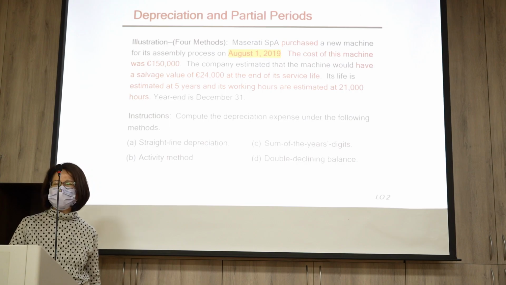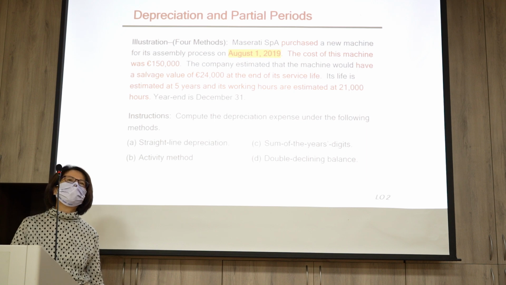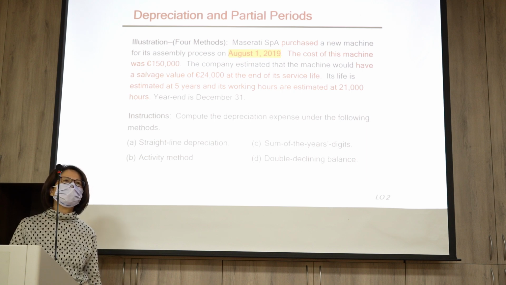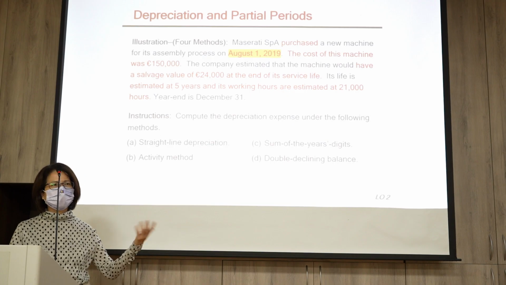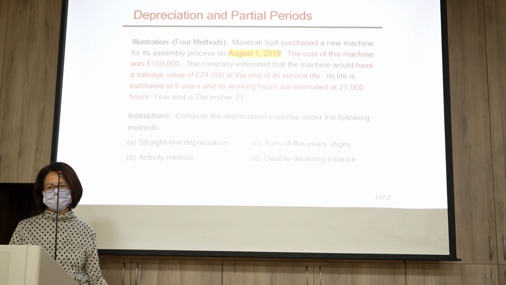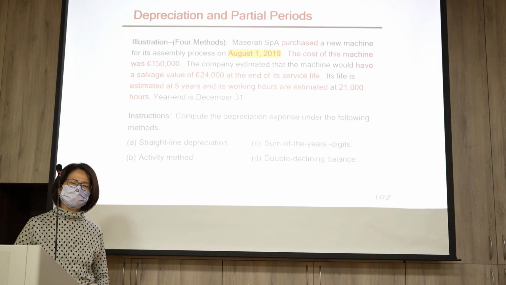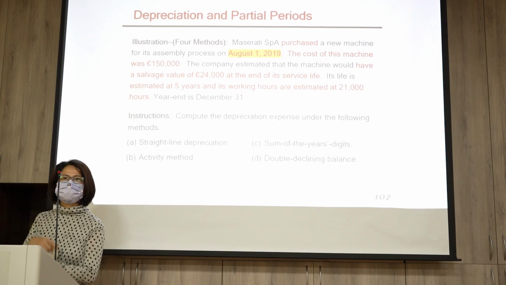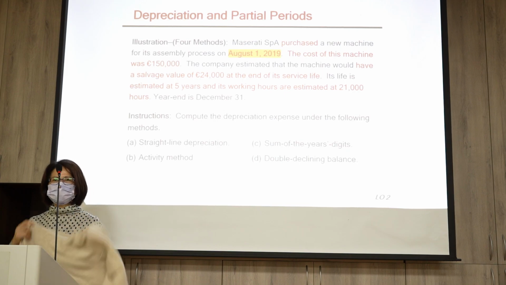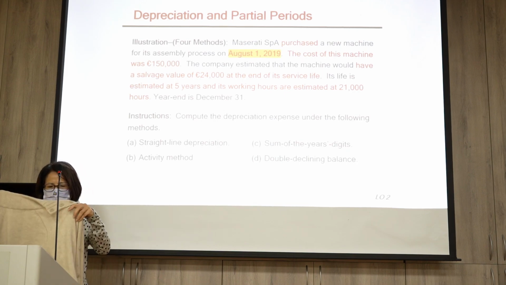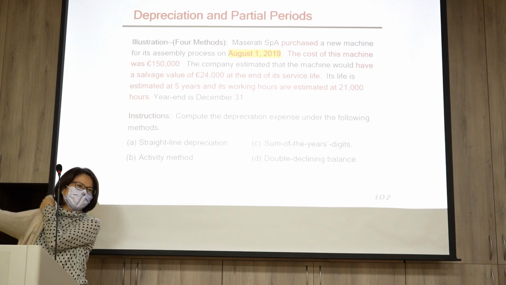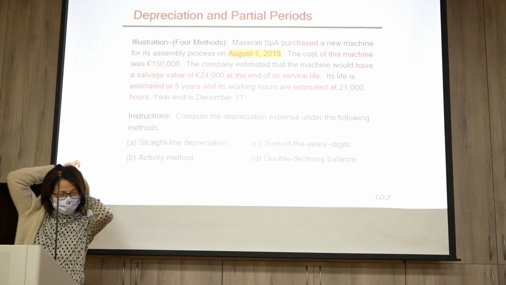So one more issue is, can you change the depreciation method often? Like this year I apply straight line, next year I feel like doing the activity method. What do you think? Any ideas? Is it legal or illegal?